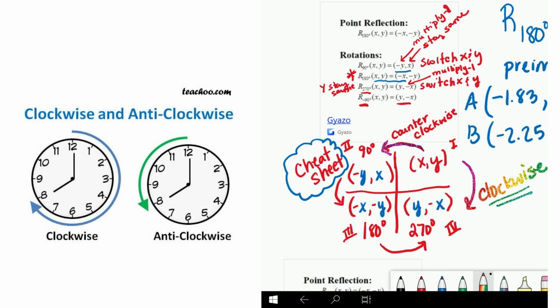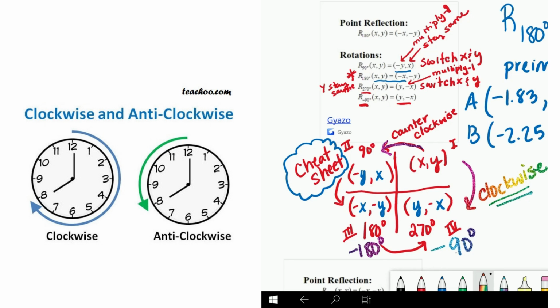So 90 degrees would be here, and because I'm going in the order of the clock, it's going to be negative 90 degrees. That's how I know it is clockwise. Positive 90 means counterclockwise. Negative 90 means clockwise.